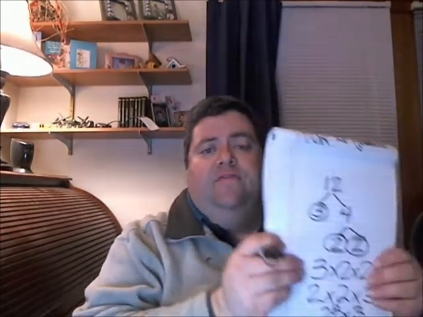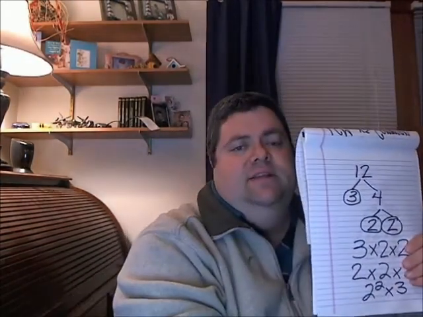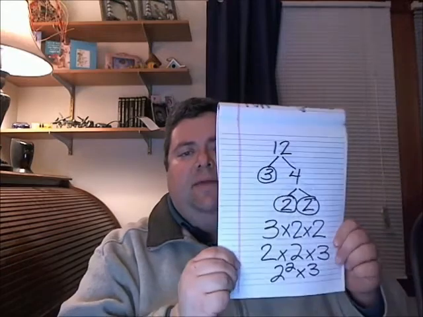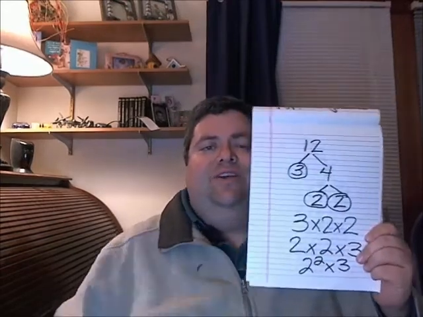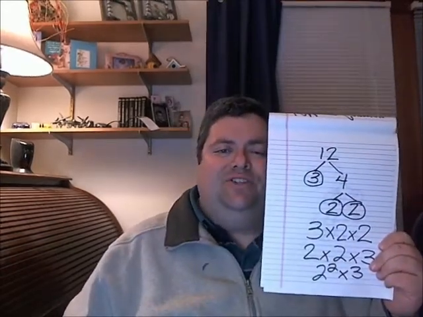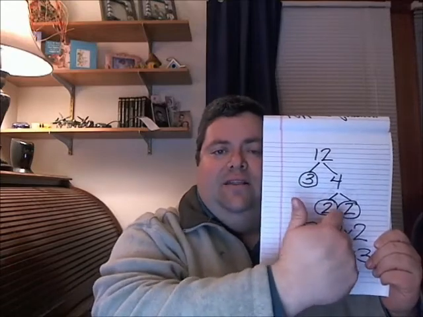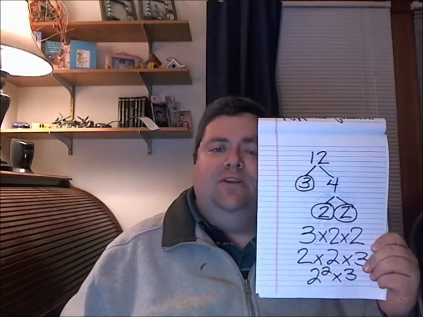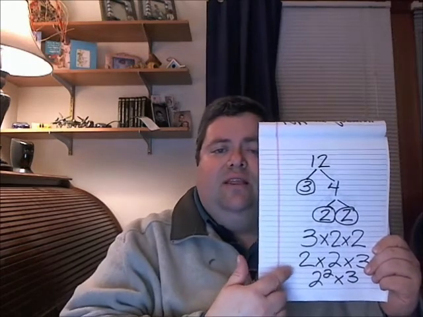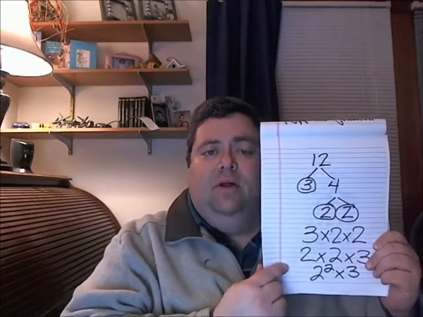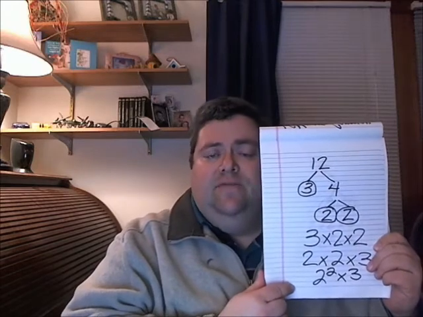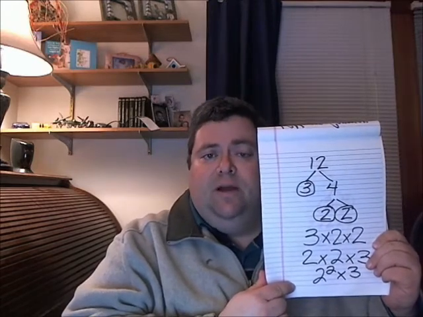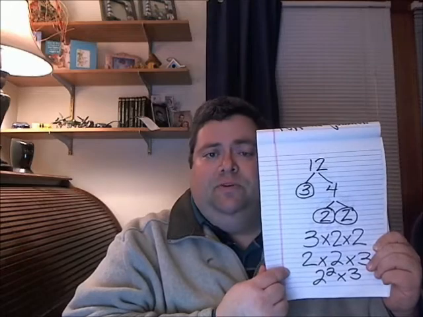So in the end, the final answer, and I've been trying to get the kids to do this every time, it's not enough just to find the prime factors, but it also is necessary to then write them out as a multiplication problem and then eventually as an exponential problem if there are multiples of any of the prime factors.